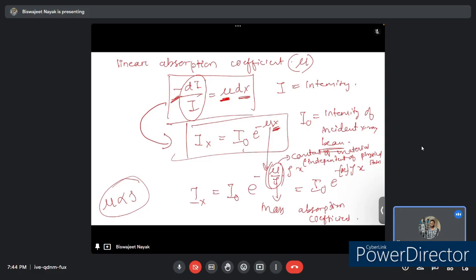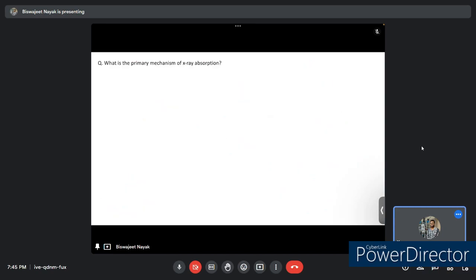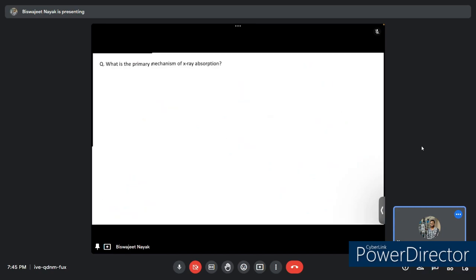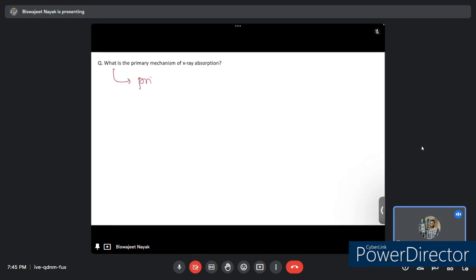An X-ray photon loses all its energy to an orbital electron, which is ejected with kinetic energy equal to the difference between the photon energy and the critical ionization energy required to eject that electron.